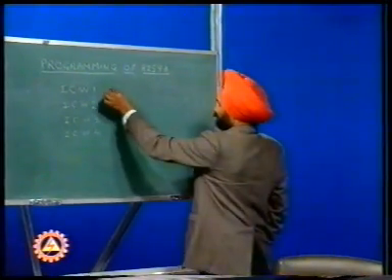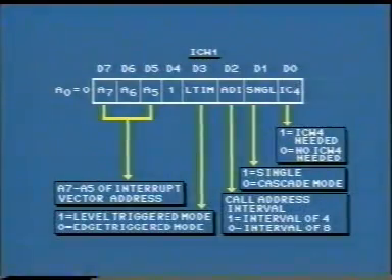Let us first take ICW1. This initialization command word defines different parameters of the controller. Like the least significant bit of this command decides whether ICW4 is needed or not. If this bit is at logic level 1, ICW4 is needed.